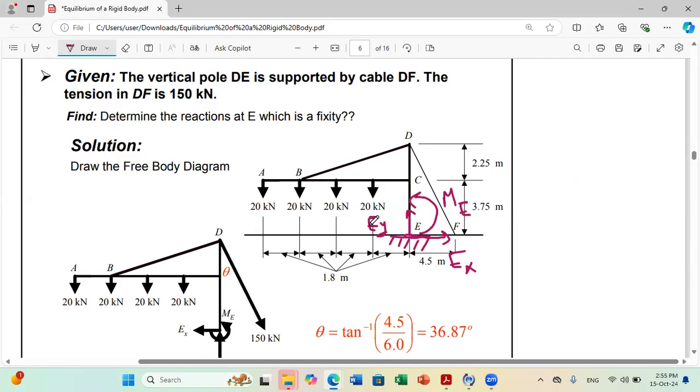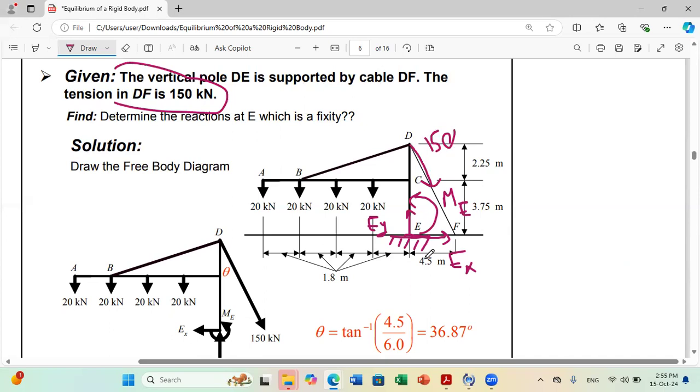Now, to solve for my unknowns, I need 3 equations. Keep in mind that you have a cable, but the cable here is not of unknown force. They gave you the tension in the cable, so you can just present this tension. The tension is acting from D towards the cable, and the magnitude is known, it's 150.